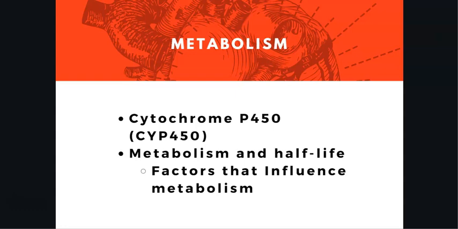What are some things that probably affect metabolism? Age, pregnancy, liver disease, even the time of day. It could be genetic, as there could be genetically determined factors. Alcohol, somebody who's drinking a lot of alcohol, or maybe their diet.